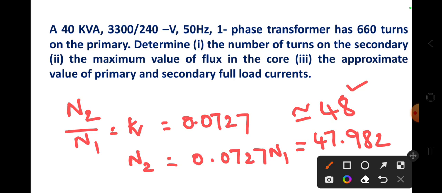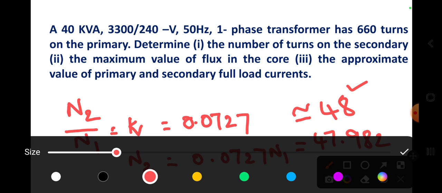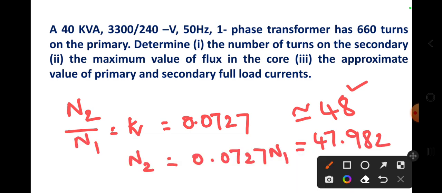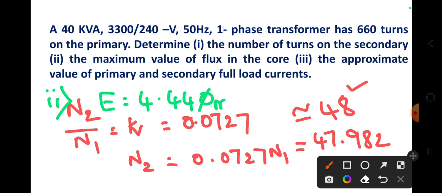The next, second one is the maximum value of flux in the core. Maximum value of flux in the core, in the sense you know the EMF equation of the transformer. What is the EMF equation? EMF equation is E is equal to 4.44 phi m f N. If it is E1, this will be N1.